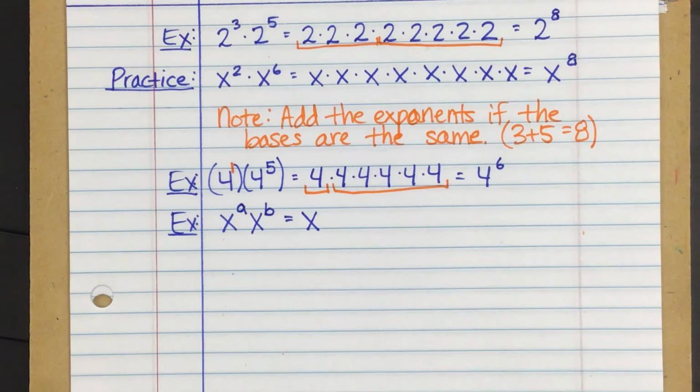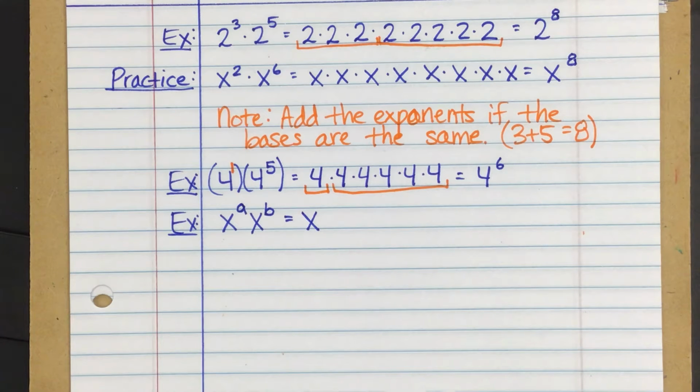Think about it for just a second. If this is x to the a times x to the b, it's going to be x to the A, B. A lot of people said AB. But remember, AB is multiplication. What needs to go in there? No, there's no C's. Kayla.